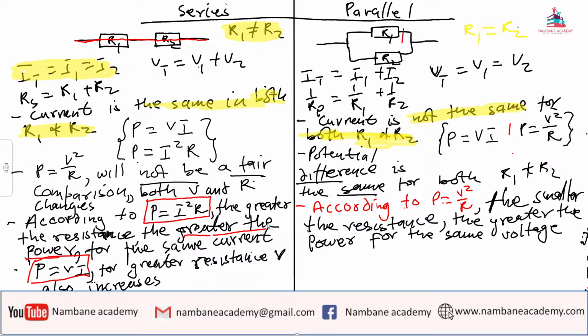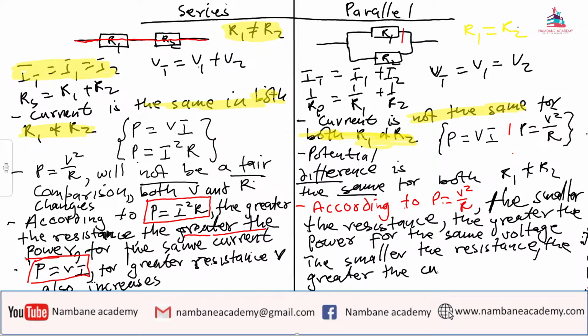We further say the smaller the resistance, the greater the current, according to P is equal to VI. And that is true.